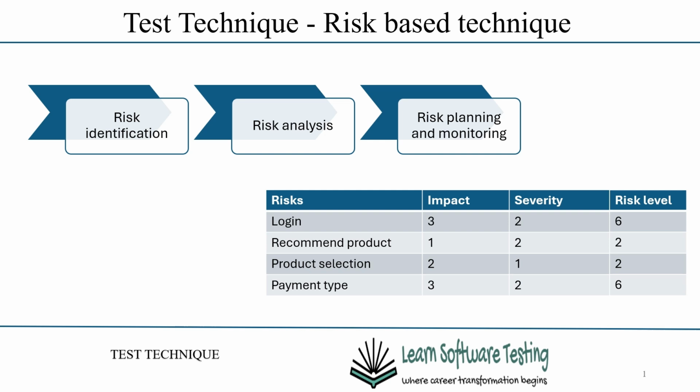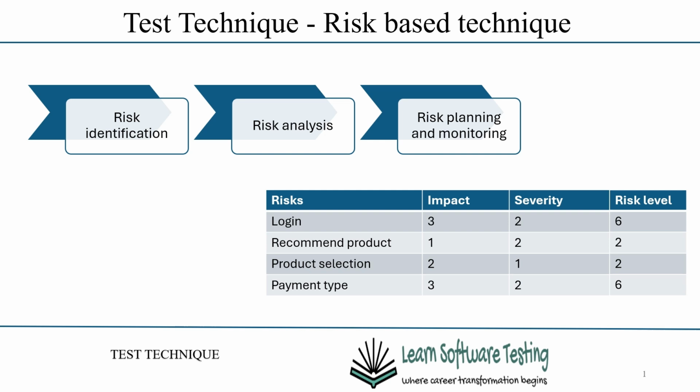And then a risk table such as the one here will be created, especially by the testers, where they would have the level of risk identified for each area that they're testing.